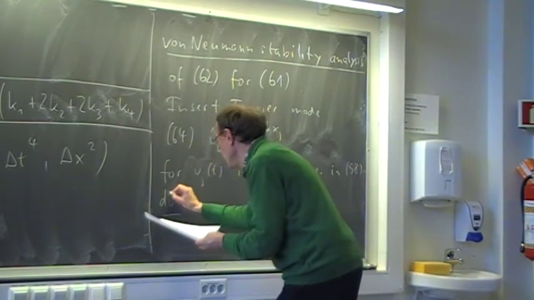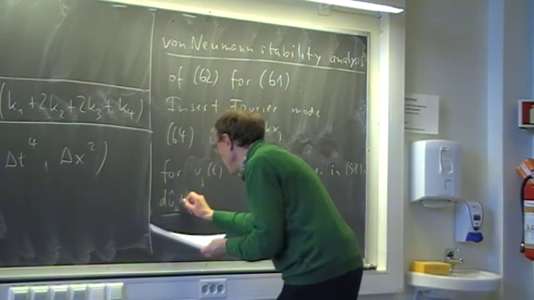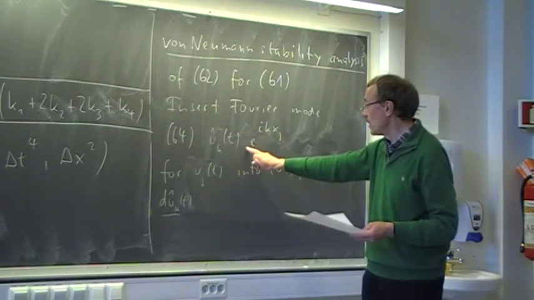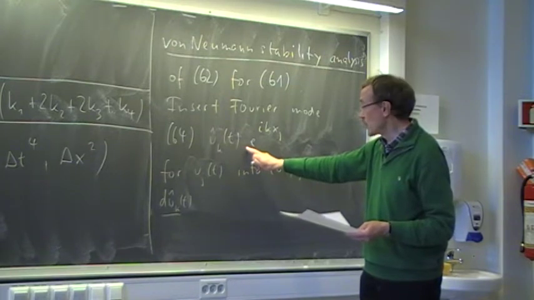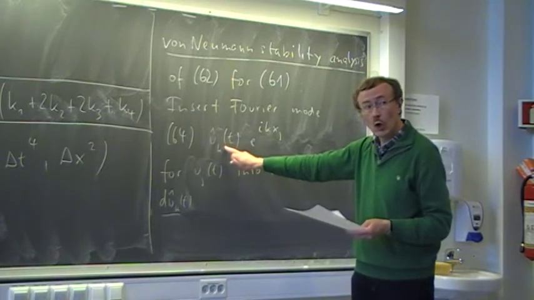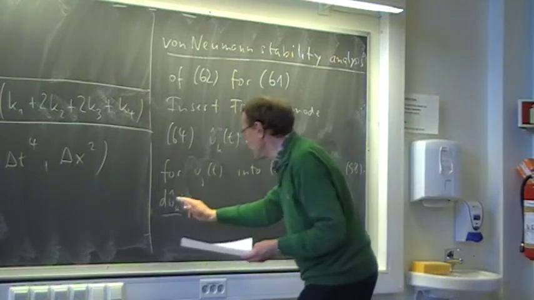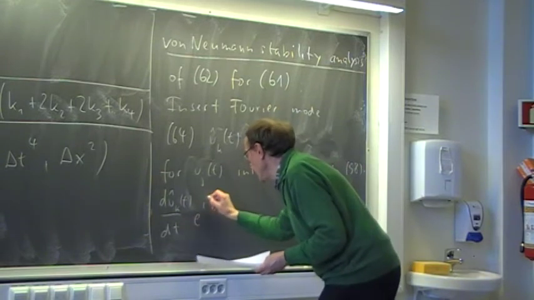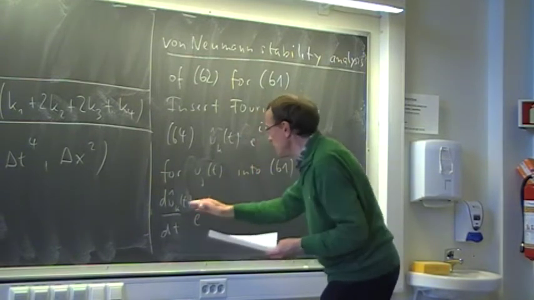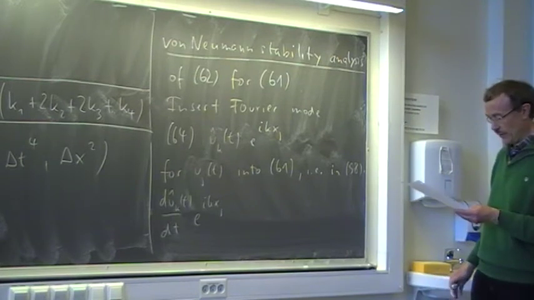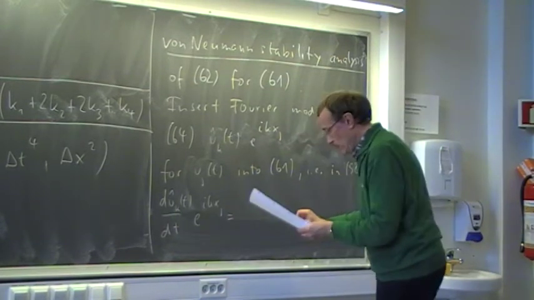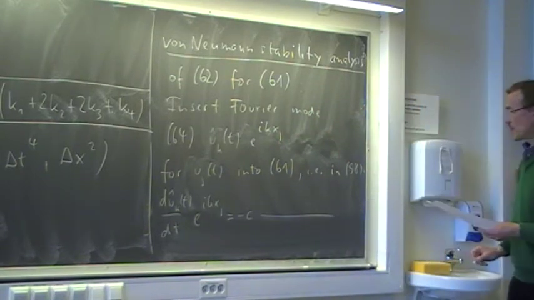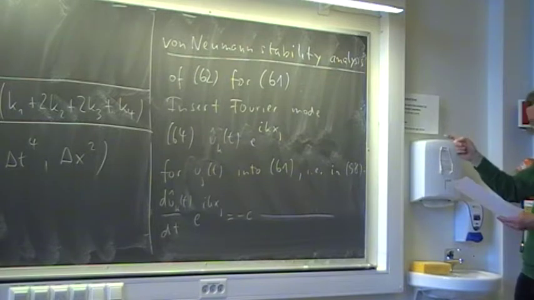du dt. That will then be duj dt. We will have a time derivative on the amplitude u hat of k, so that will be the time derivative times e to the I k xj. So that is the duj dt that we get from there. And on the right hand side we have minus c. And then we have here the central differencing, uj plus 1.